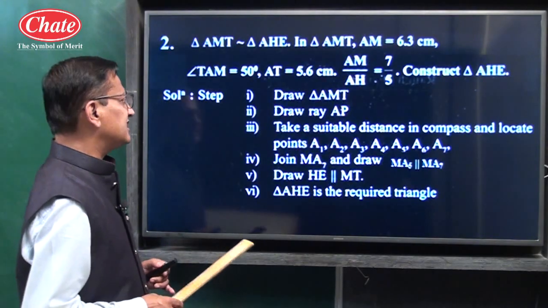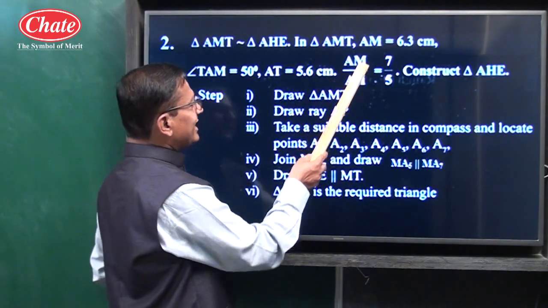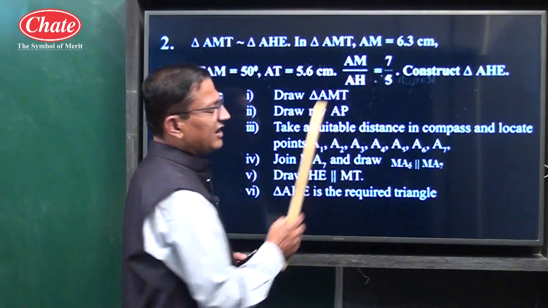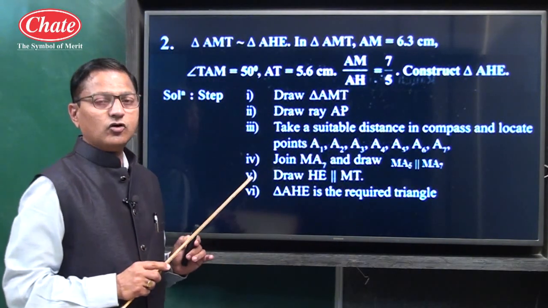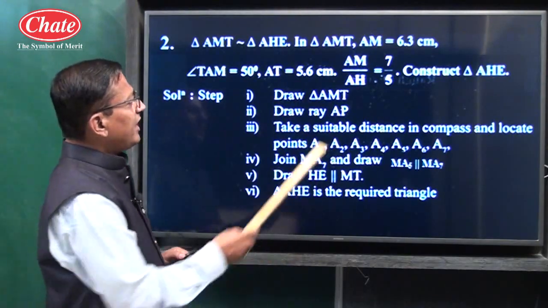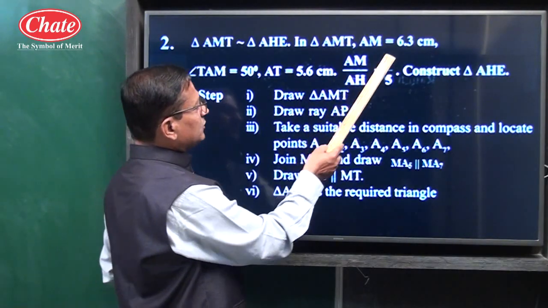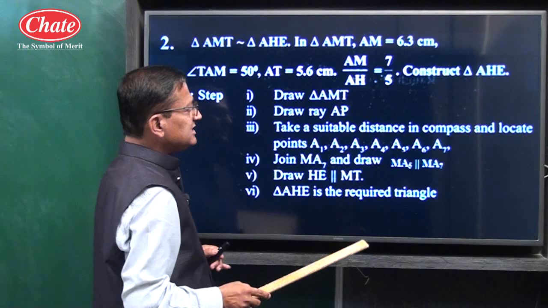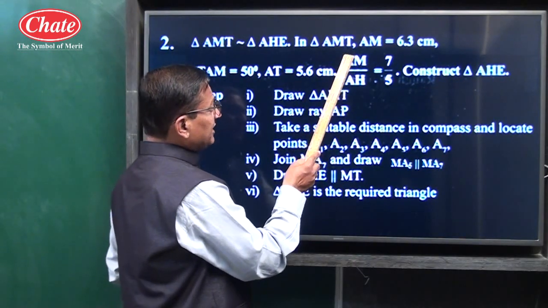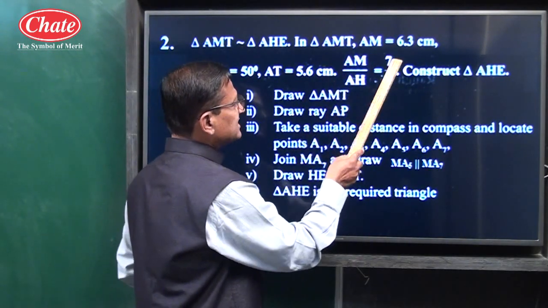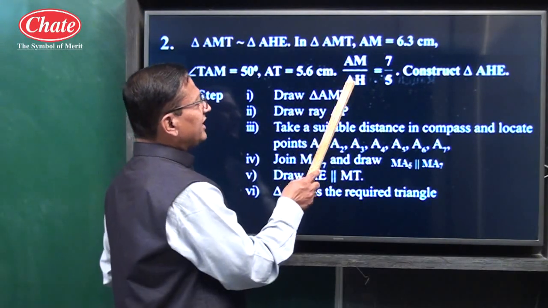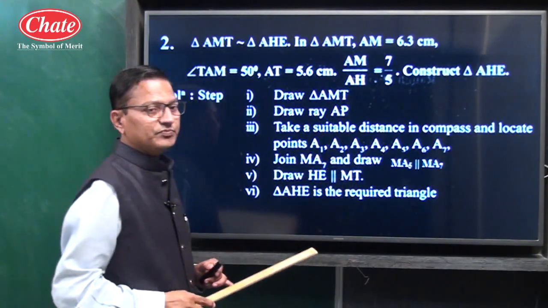See the example once again. Here the ratio AM by AH is equal to 7 by 5. Focus on this ratio. It means the distance from A to M is 7 and the distance from A to H is 5.